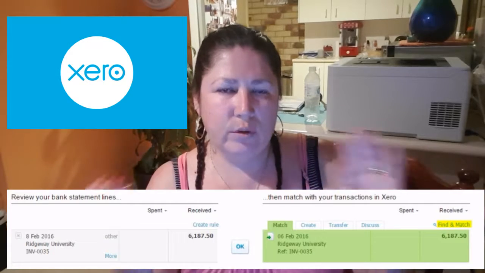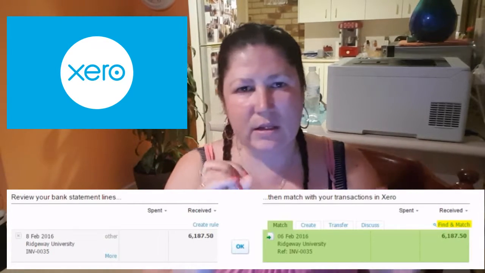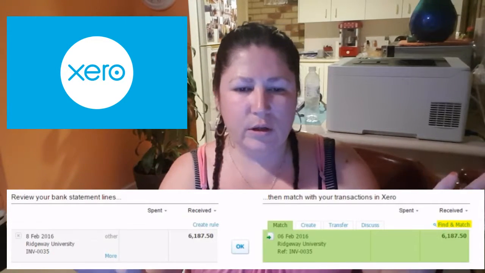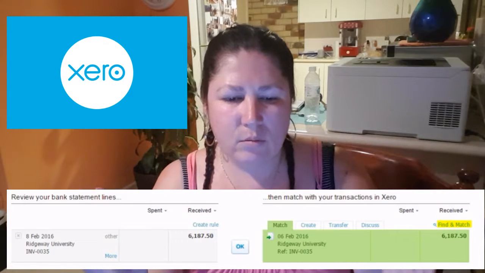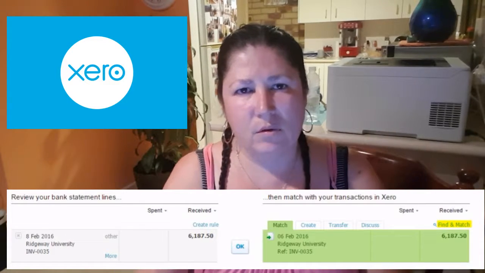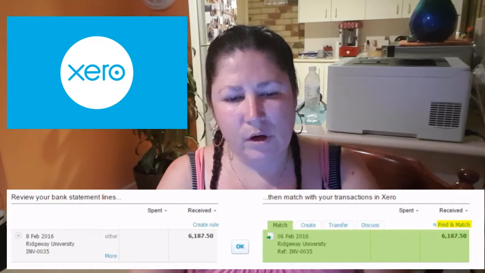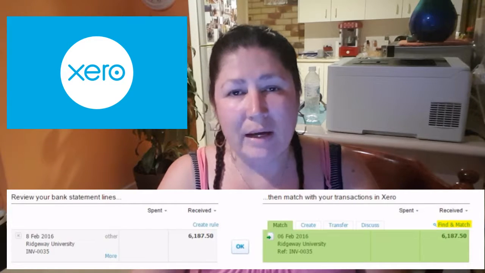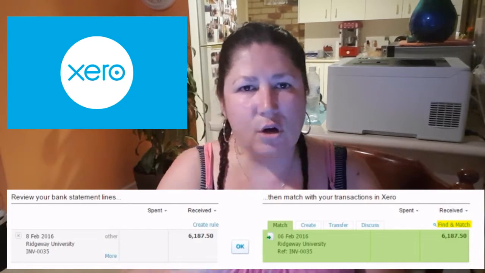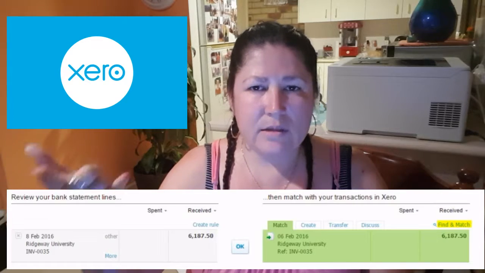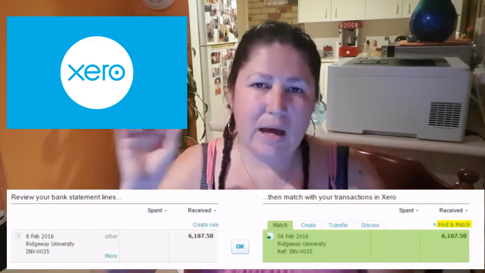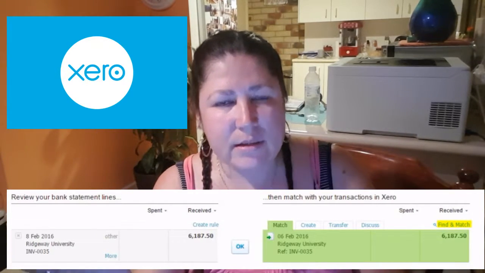And you would just match that. You would just basically go okay and match those two, which is quite simple compared to all the other software. So yeah, I found that Xero had very good invoice matching software, and made it a lot easier for you, rather than having to go in, look for the invoice and go, oh yeah, that's one that's paid, and then apply that payment to that sale.